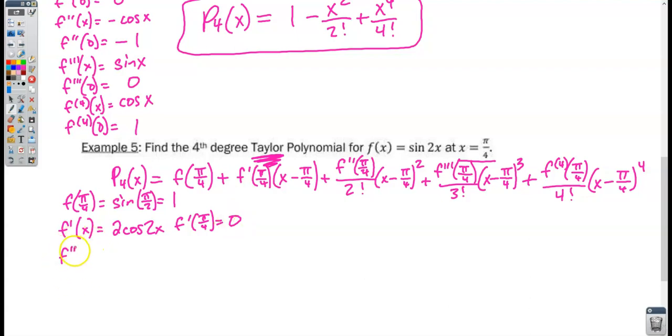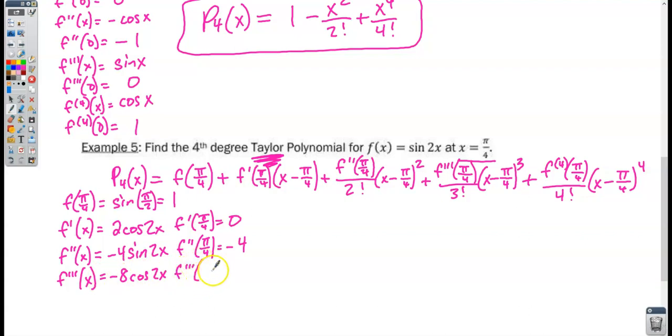And then f double prime of x is going to be equal to negative 4 sine of 2x. And so f double prime of pi over 4 is going to be negative 4 times the sine of pi over 2, so that's going to be negative 4. And then f triple prime of x, that's going to be negative 8 cosine of 2x.